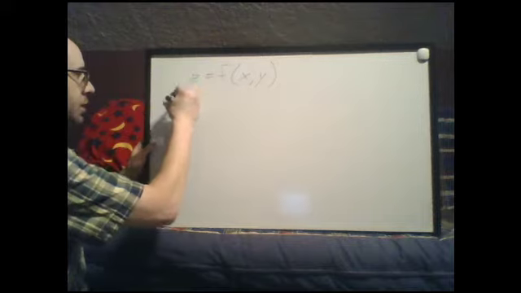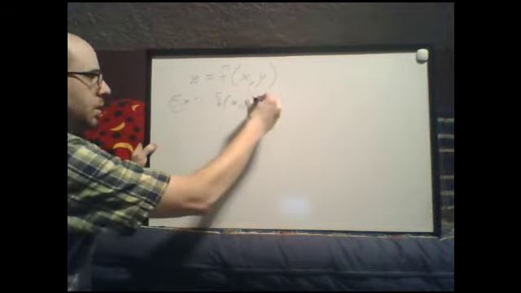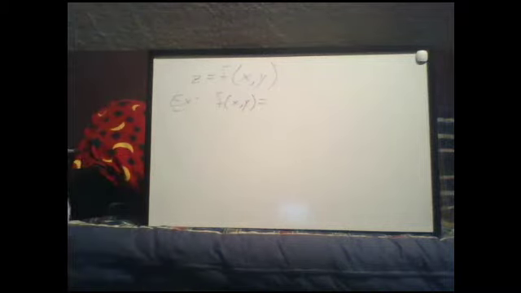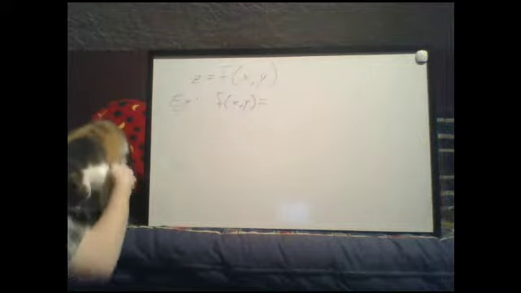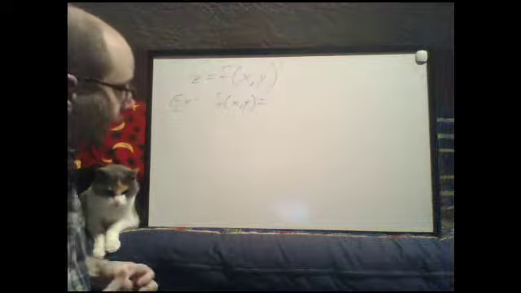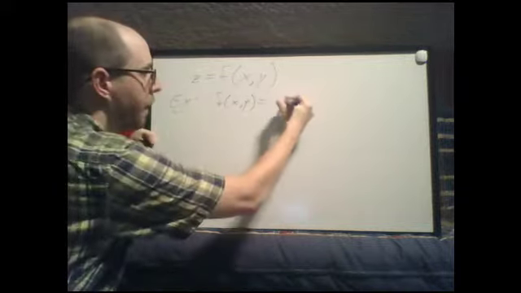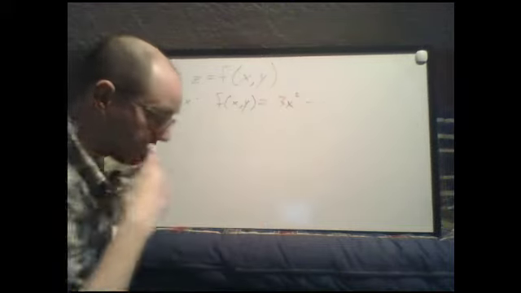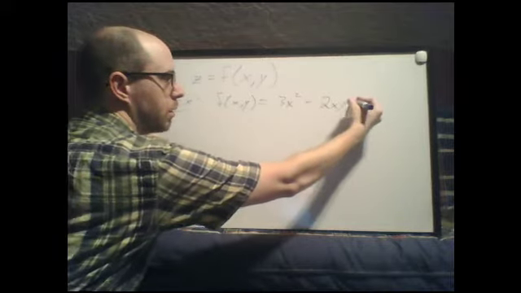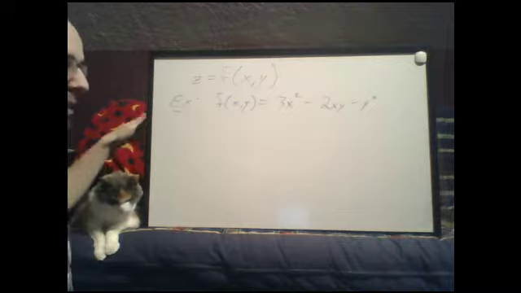So just for practice, suppose we have the function f of x, y equals 3x squared minus 2xy minus y squared. So I get some formula that involves x's and y's.